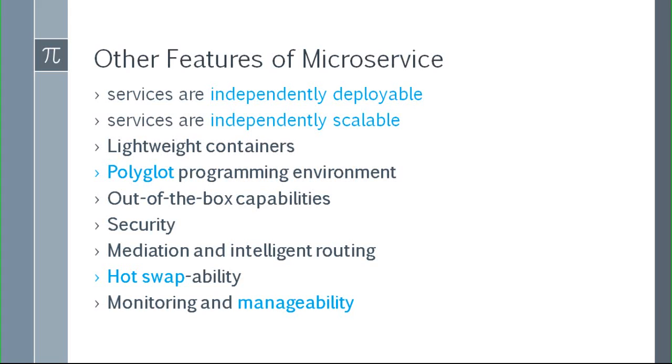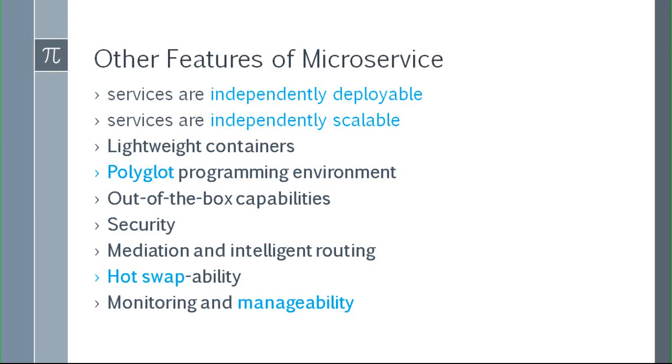And another very important issue is security. You can use OAuth 2, JWT, JSON Web Token, and if you use an API gateway, you can implement security in the layer of the API gateway.